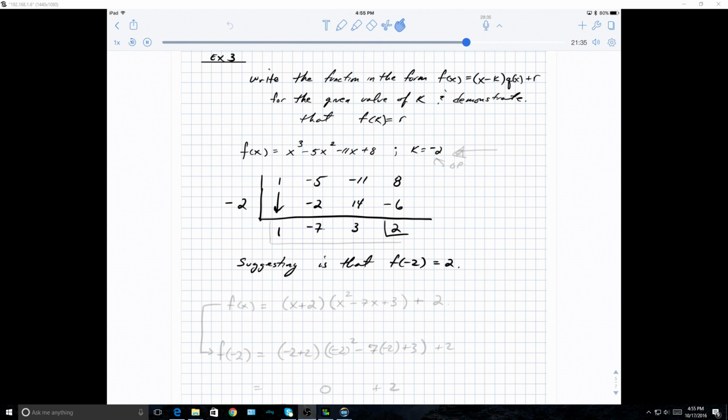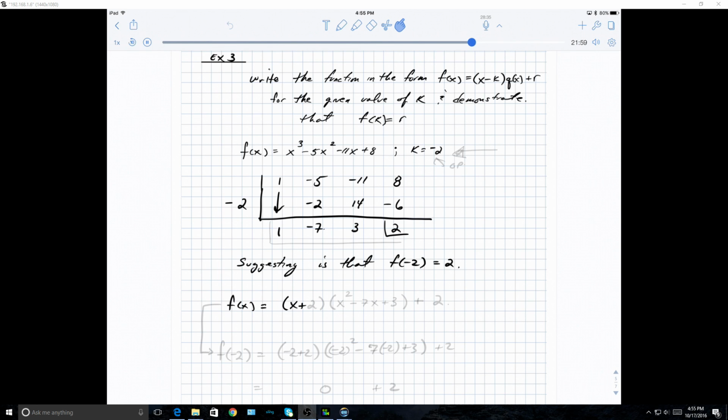So now we can actually write the first form, so f of x is actually going to be equal to, in this case, because k is a negative, it's got to be the factor x plus k.